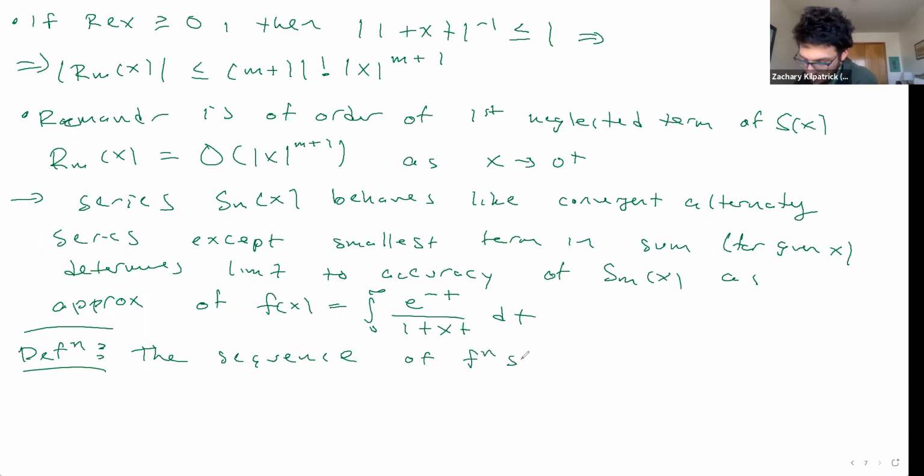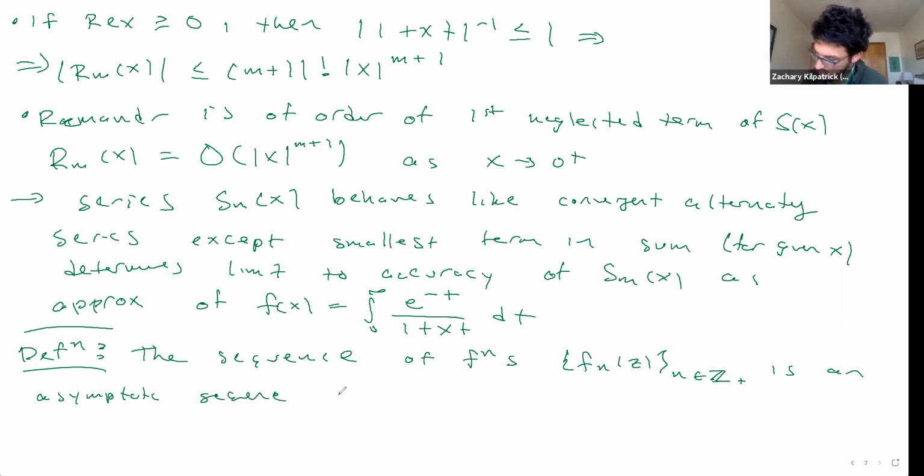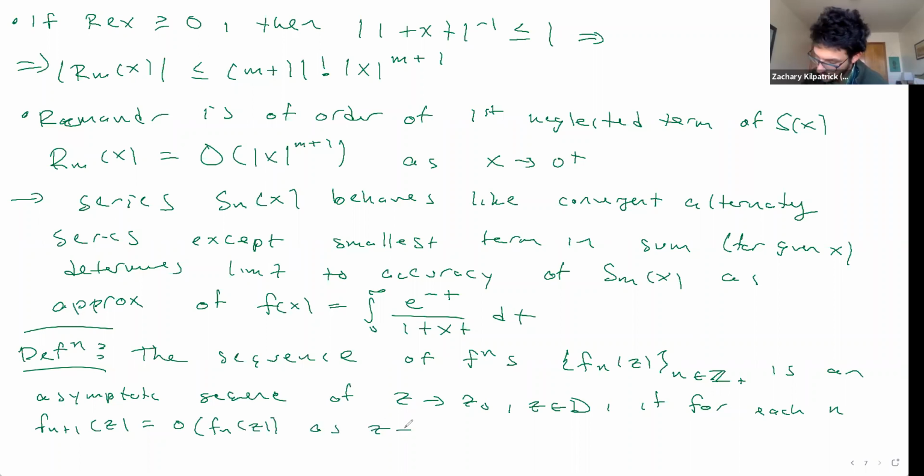The definition: the sequence of functions f_n of z, for n in the positive integers, is an asymptotic sequence as z goes to z0, remember z needs to be in some domain D, if for each n, f_{n+1} of z is equal to little o of f_n of z as z goes to z0.